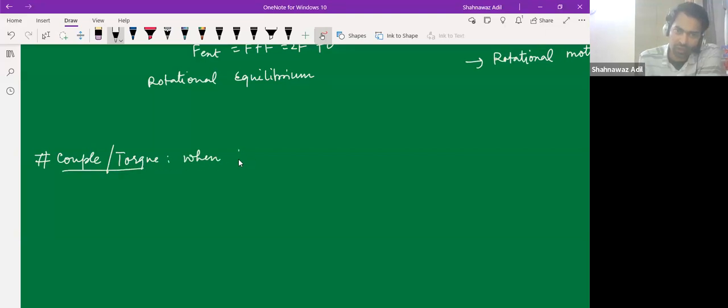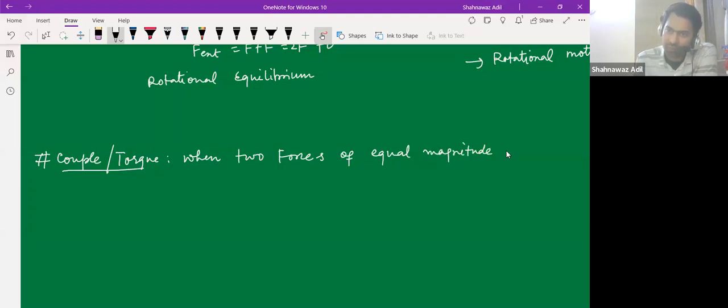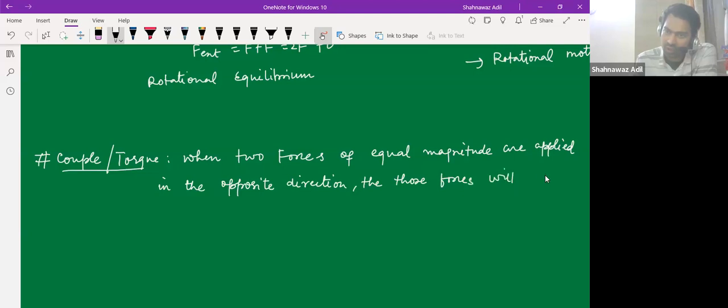When two forces of equal magnitude are applied in the opposite direction, then those forces will create a rotational motion.